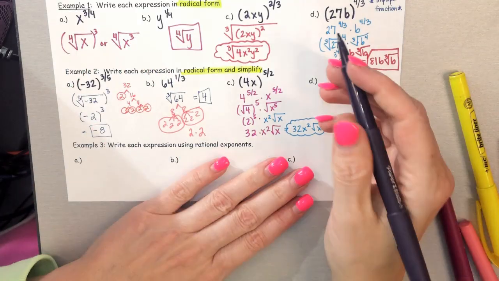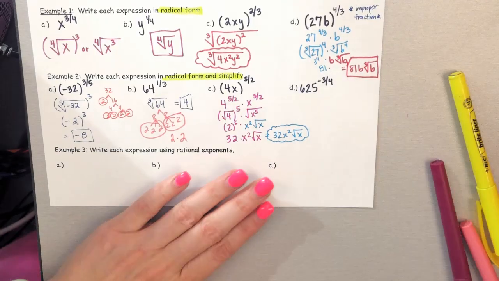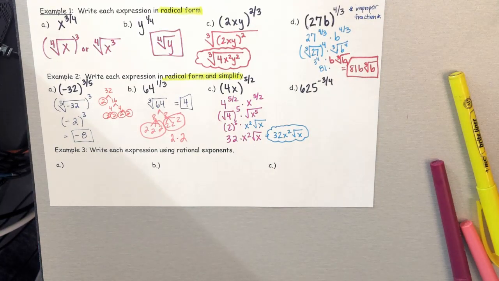All right, now we have 625, and let's look at our exponents. We've been working with fractional exponents, but we've also seen negative exponents before. If you have a negative exponent, how do you make it into a positive? You're going to put it under 1, and then you change your exponent to a positive.